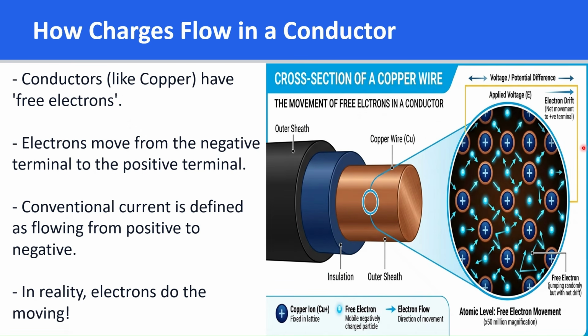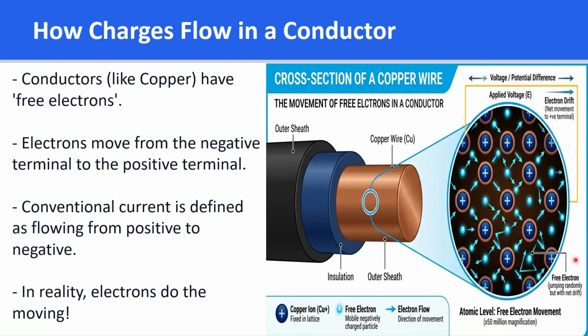Inside a metal wire, atoms are arranged in a lattice, and some electrons are free to roam. When we connect a battery, these electrons are repelled by the negative terminal and attracted to the positive one. So again, electrons move from the negative terminal to the positive terminal, and the conventional current is defined as flowing from positive to negative.